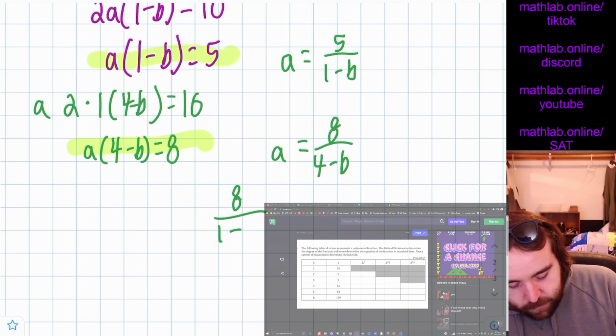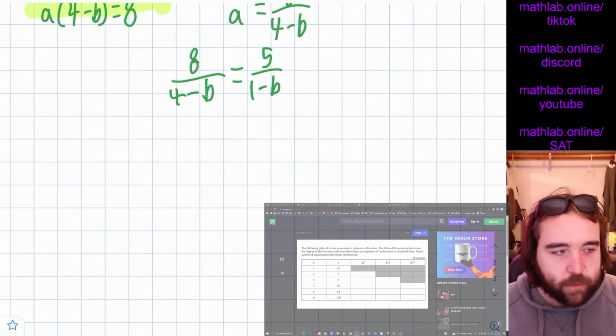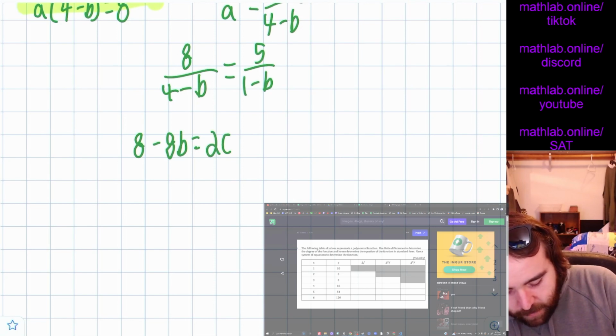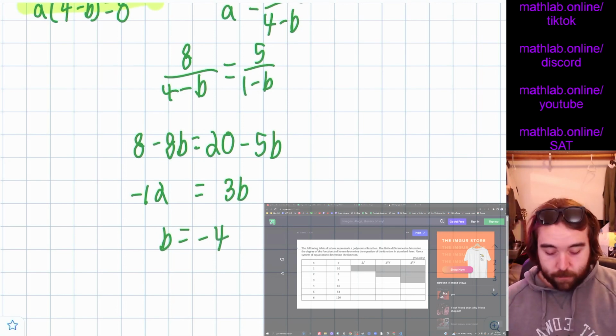Just set these equal to each other. 8 over 4 minus b equals 5 over 1 minus b. And we just got a quick algebra equation we can solve now. So I'll cross multiply and distribute. 8 minus 8b equals 20 minus 5b gets us 3b equals negative 12. So b is negative 4.